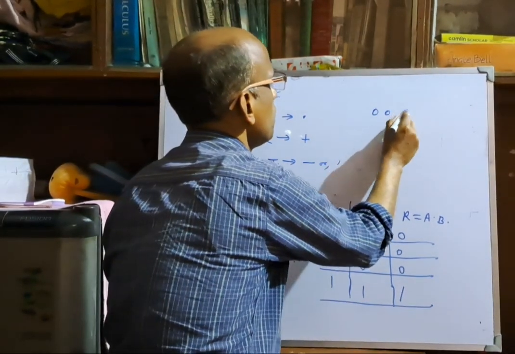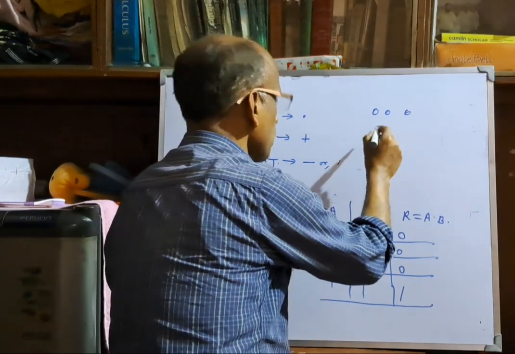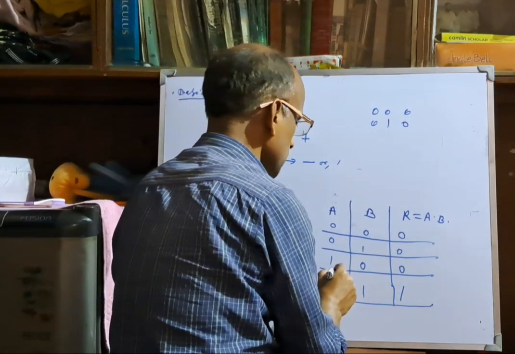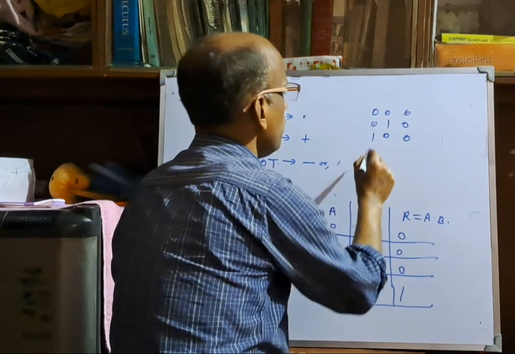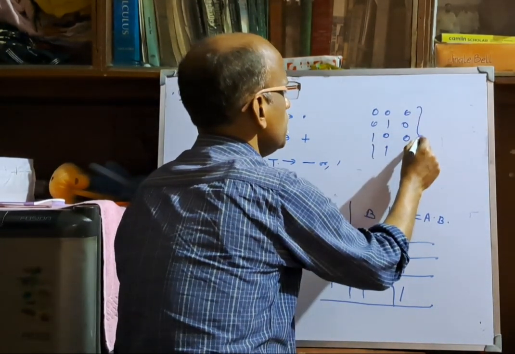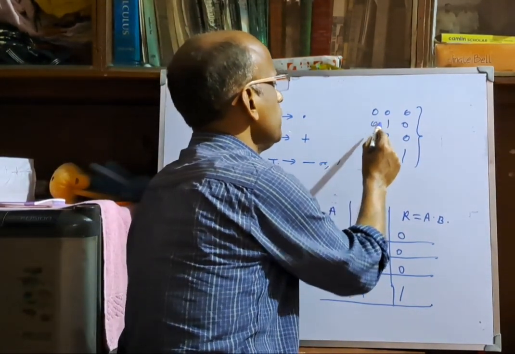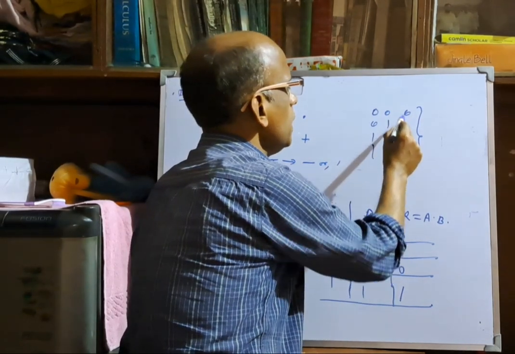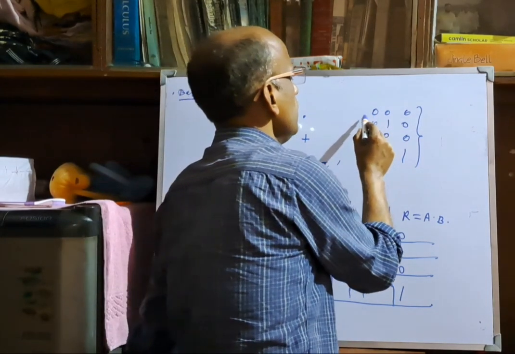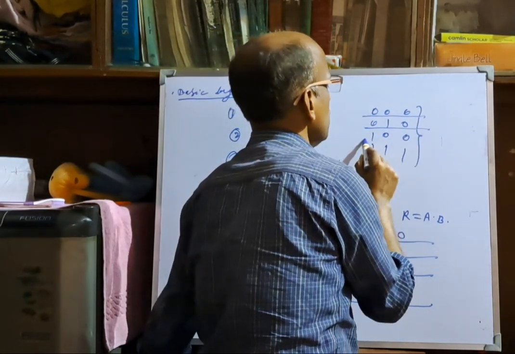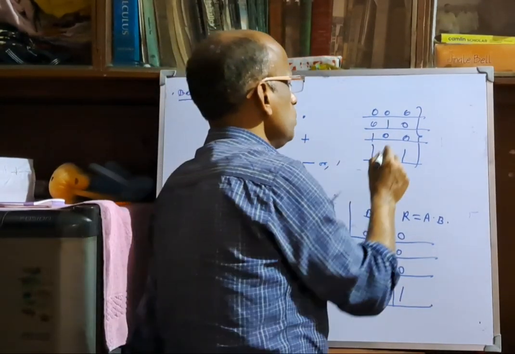This is the arrangement of the digits: 00, 01, 10, 11. So this is the arrangement of the binary digits in ascending order, from lower value to higher value.